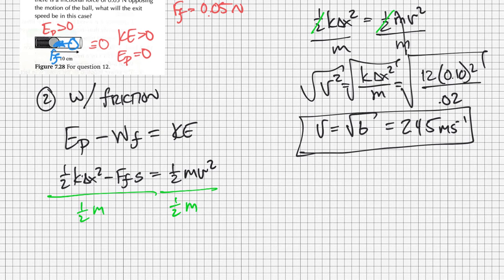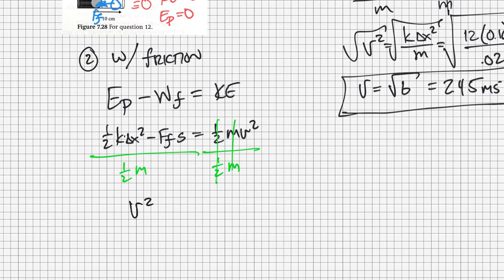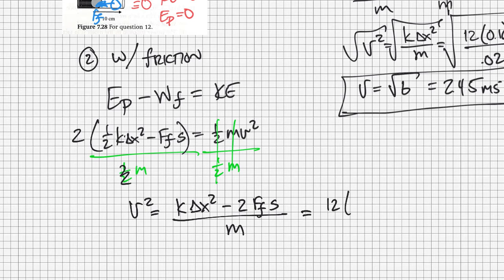That's going to cancel that side out, and I'm going to be left with velocity squared equals, so really, dividing by 1/2 is the same as multiplying by 2. So that's going to be K delta X squared minus 2 times the force of friction times my displacement, divided by my mass. So that's 12 times 0.1 squared minus 2 times 0.05 times 0.1, divided by 0.02.